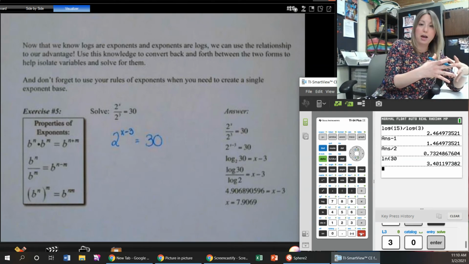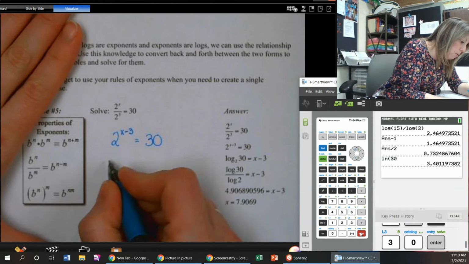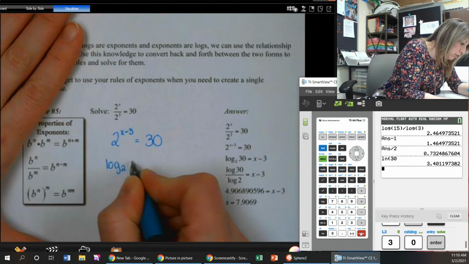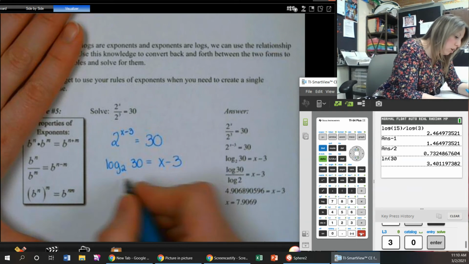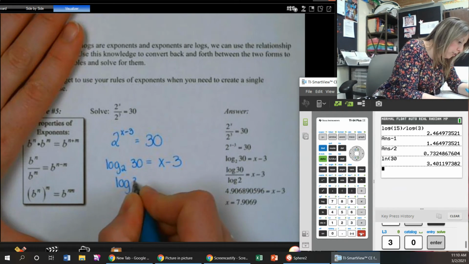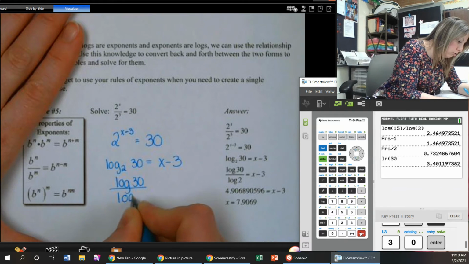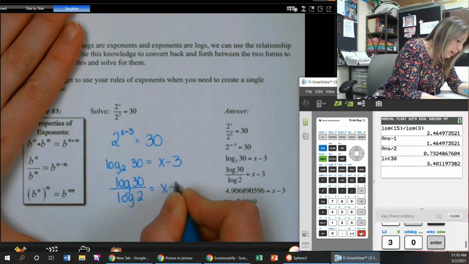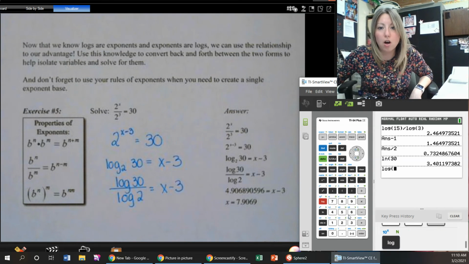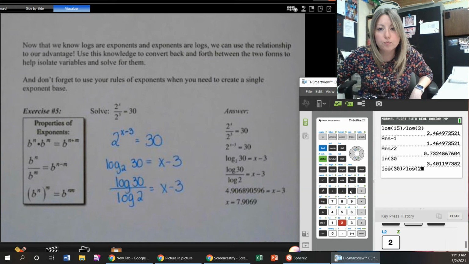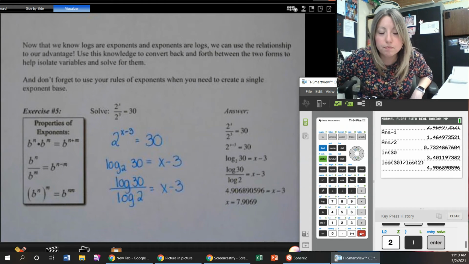And this just goes back to what we were doing before. Well then that's log base 2 of 30 equals x minus 3. So we'll convert: log 30 divided by log 2. And now we'll use our graphing calculator to do the rest. So log 30 divided by log 2 gives me this.